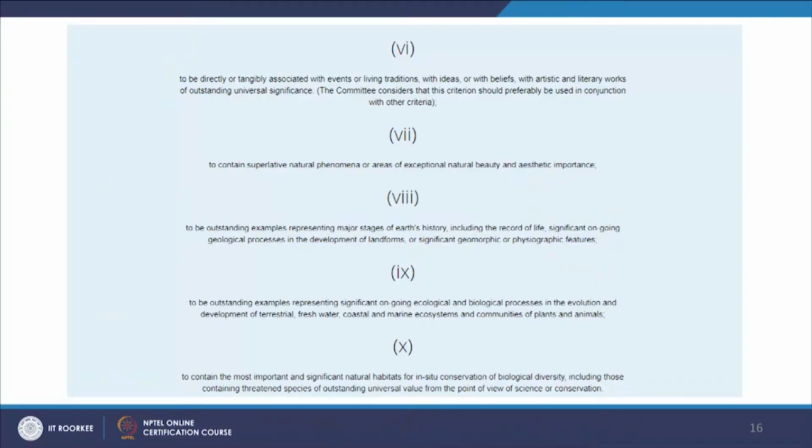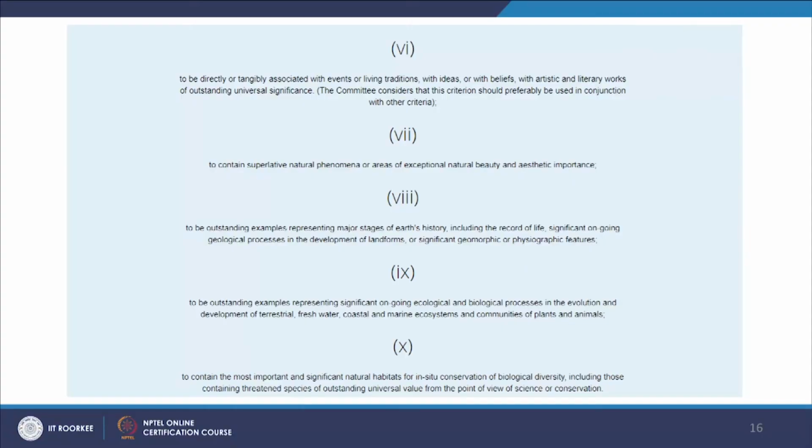To be outstanding examples representing significant ongoing ecological and biological processes in the evolution and development of terrestrial, freshwater, coastal, or marine ecosystems. The great reefs, the coastal reefs, they're all part of this particular criterion.